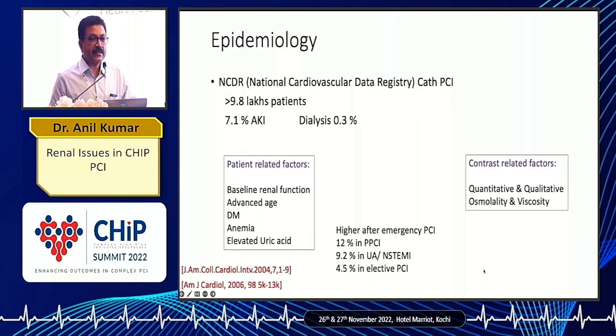The incidence was related to some patient factors and some contrast-related factors. The most important patient-related factor was baseline renal function. Others were advanced age, diabetes, anemia, and elevated uric acid. Among the contrast-related factors, both qualitative and quantitative characteristics of the contrast influence the incidence.